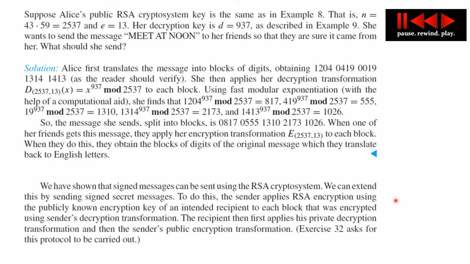To do this, the sender applies RSA encryption using the publicly known encryption key of the intended recipient to each block that was encrypted using the sender's decryption transformation. The recipient then first applies his private decryption transformation, and then the sender's public encryption transformation. Pretty complicated stuff, and big numbers are hard to do without computers.